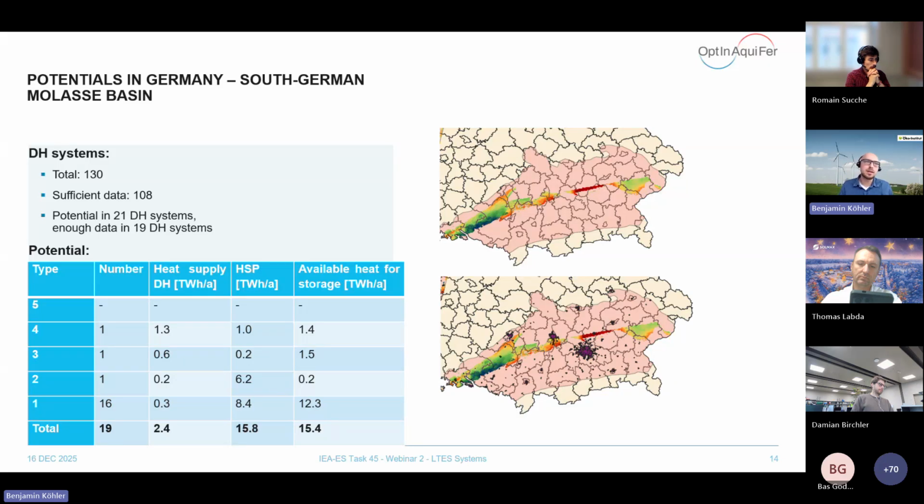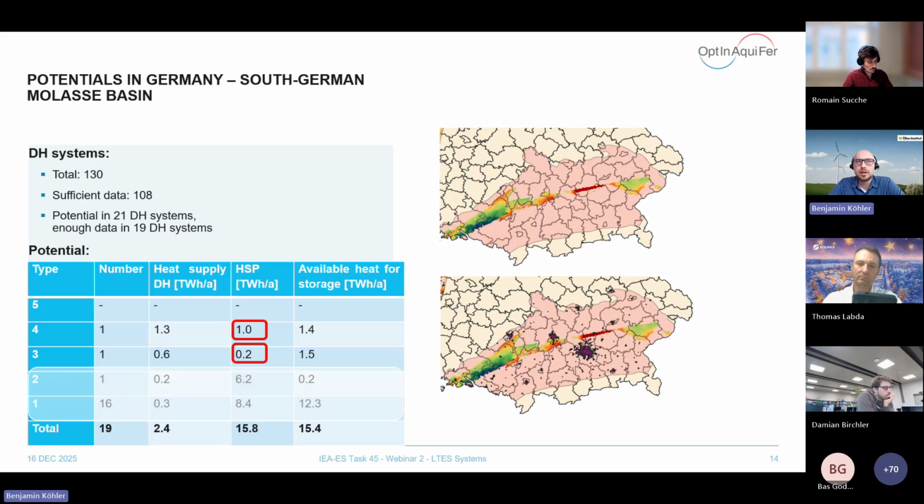Starting with the Molasse Basin, we identified 19 district heating systems, which are close enough to potential ATES areas in the underground. Most of those systems are small ones. There are only 2 larger systems which have potential in the underground and also a potential above ground, so a high enough heat demand and also renewable and waste heat potentials to be stored in the ATES.